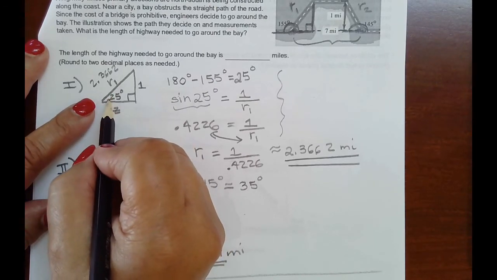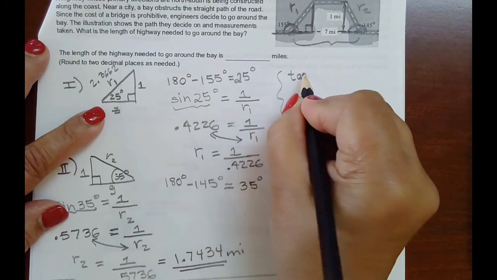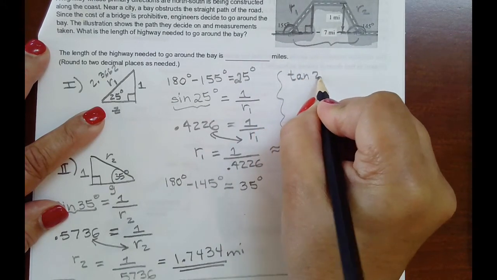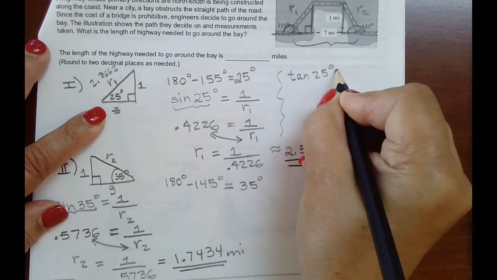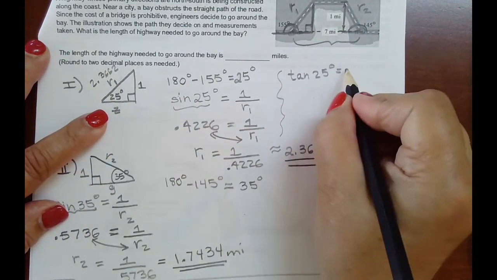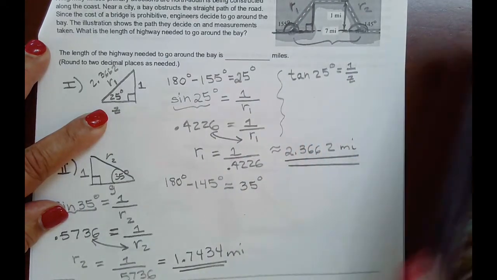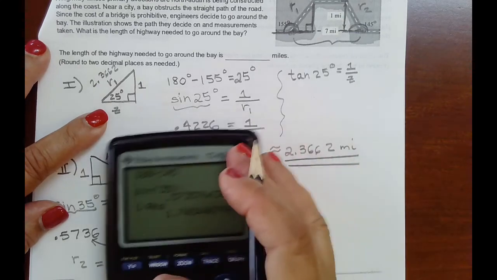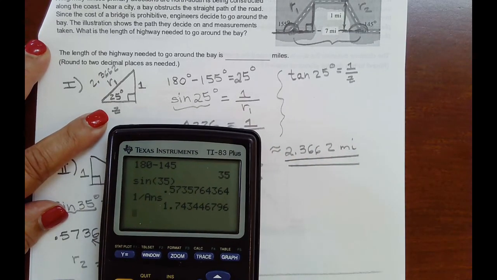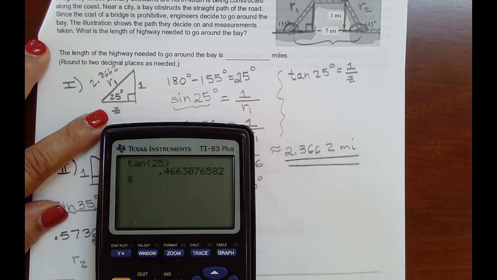I could go opposite over adjacent, and that would be tan. So I could go tan of 25 degrees using SOHCAHTOA. Tan of 25 is opposite over adjacent, 1 over Z. Okay, and then I can do tan of 25, which is 0.4663.